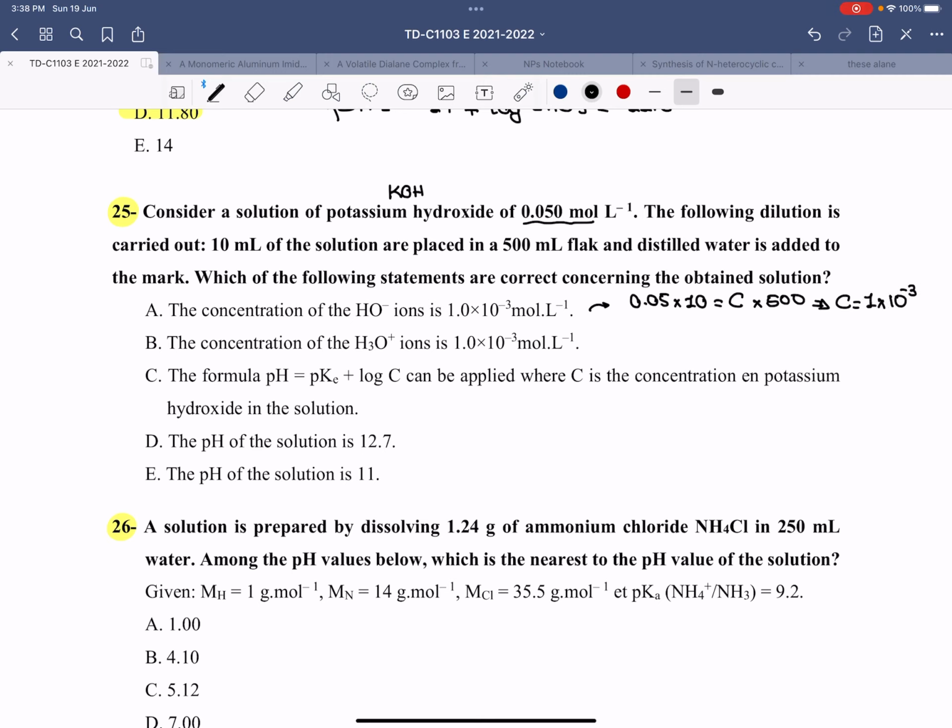Remember, you can always multiply by the dilution factor, meaning from 500 to 10. Okay, so I think the first one is correct.